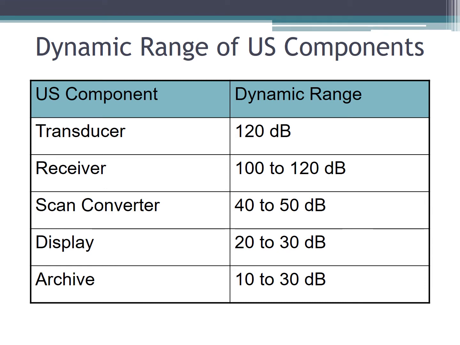So when we look at the transducer at its 120 decibel range, that range is saying that the strongest echo that can be detected is 1 trillion times stronger than the weakest echo. When we get down to the archive system, though, with that 10 to 30 decibel range, we're saying that it is 10 to 100 times stronger than the weakest echo that can be displayed. So that's a really big difference in how sensitive each component is.